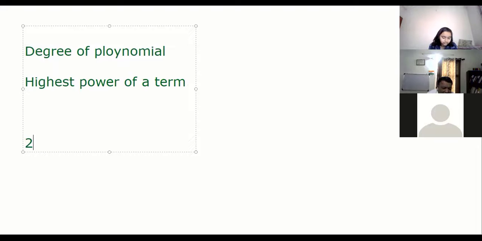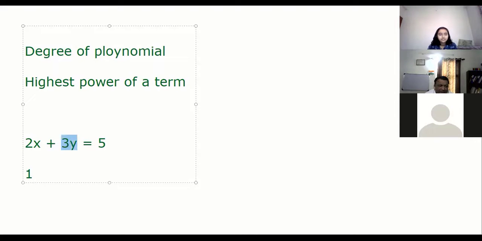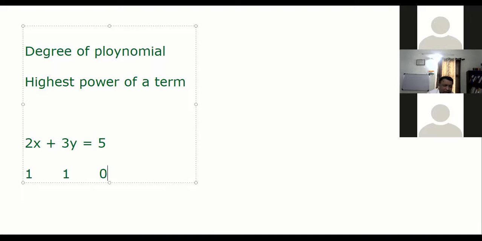Suppose I say 2x plus 3y equal to 5, what is the power of this term? 1, sir. Power is 1. What is the power of this term? 1. This is the constant. Constant has 0 power. So what is the highest power?